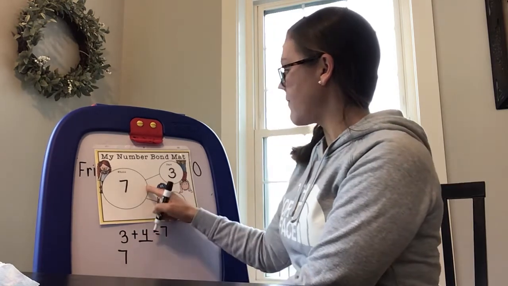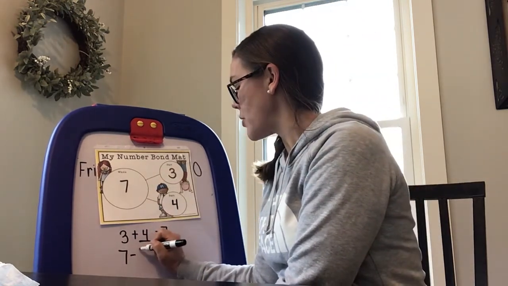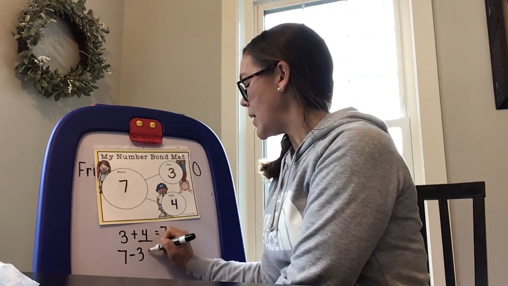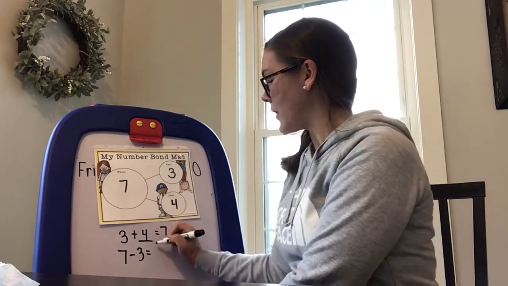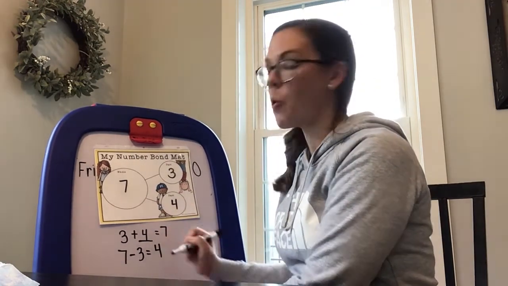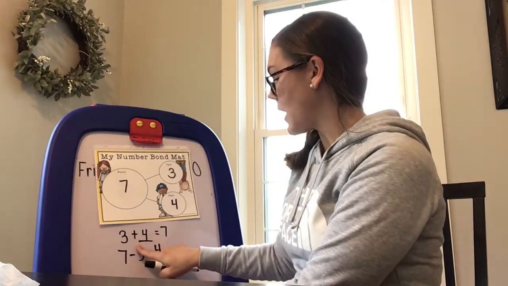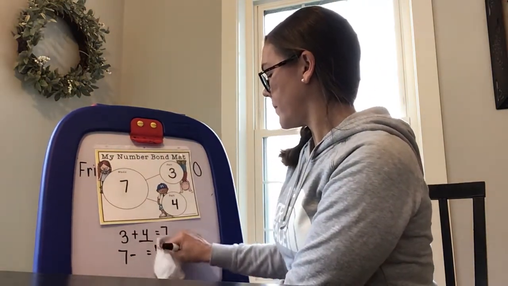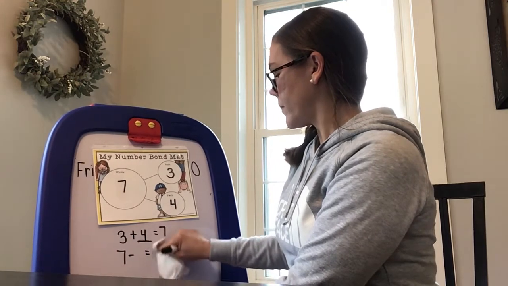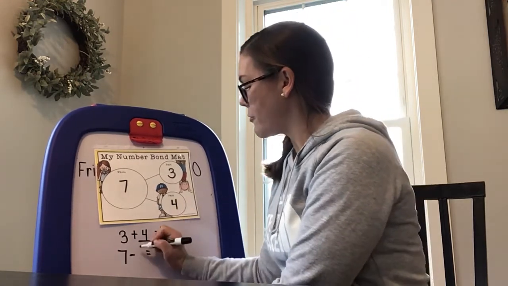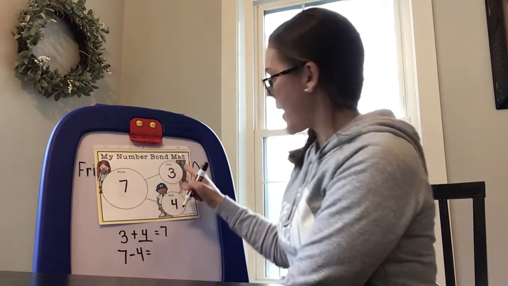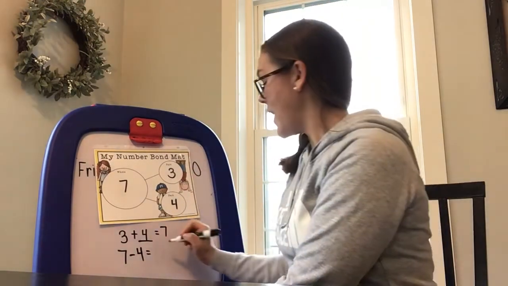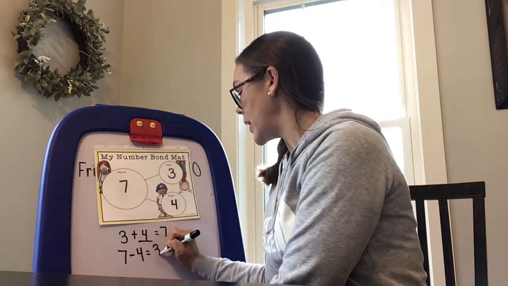If I take away one of my parts, 3, I'm going to have my other part left, which is 4, okay? Or I could take away my part of 4, and then I have this part left that is 3.